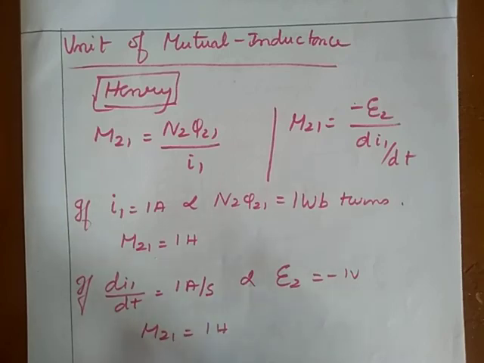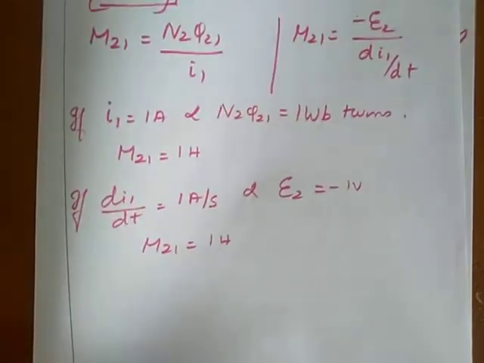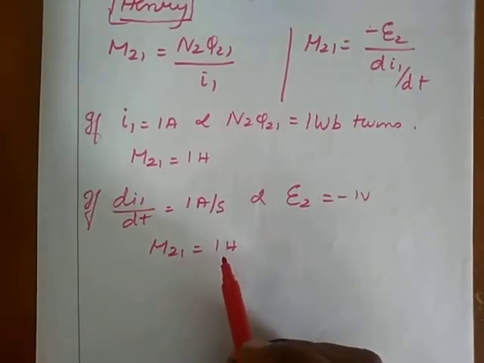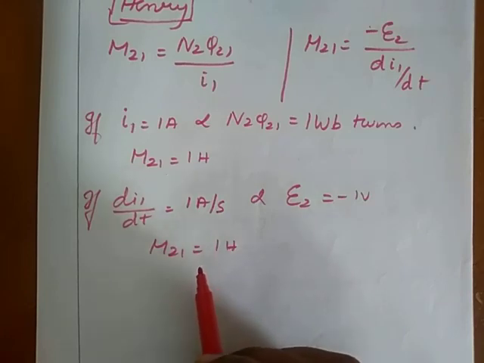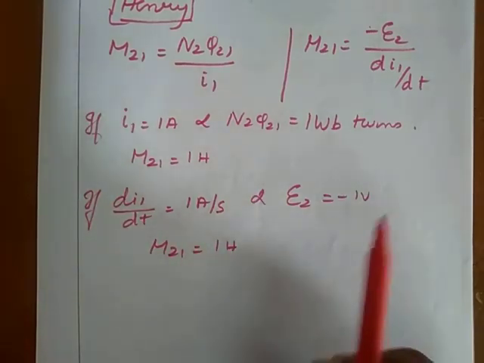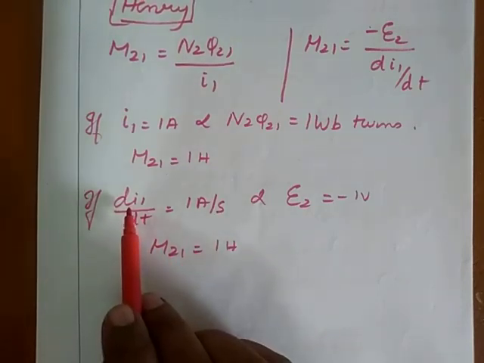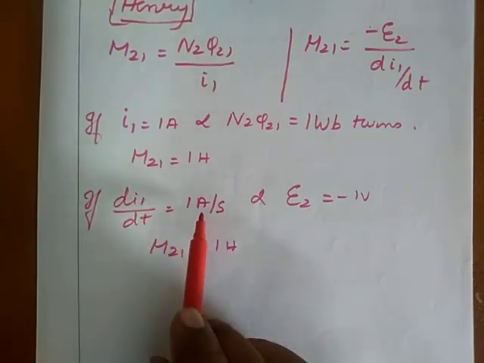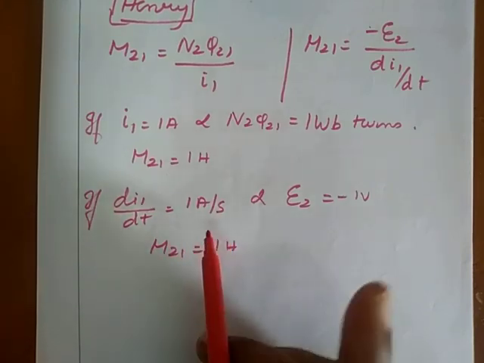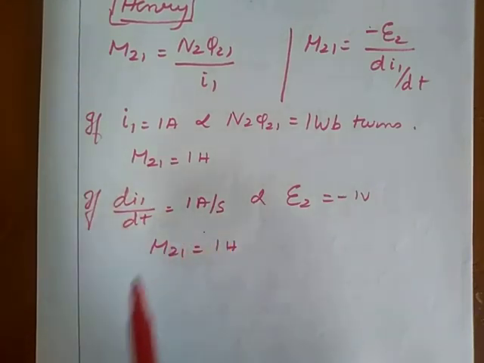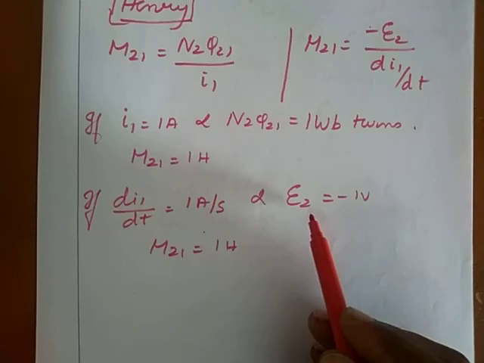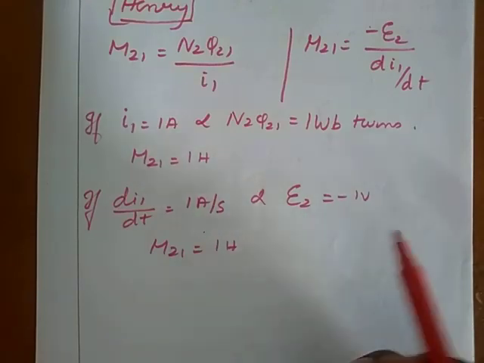For this one we can define the 1 Henry as the mutual inductance between the two neighboring coils is 1 Henry if current changes at the rate of 1 ampere per second in one coil, that means in first coil or second coil, that induces an opposing EMF in a neighboring coil.